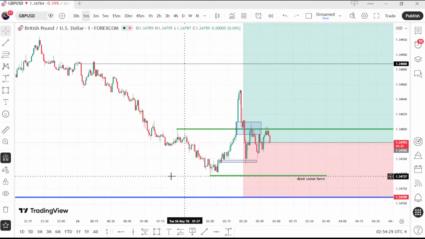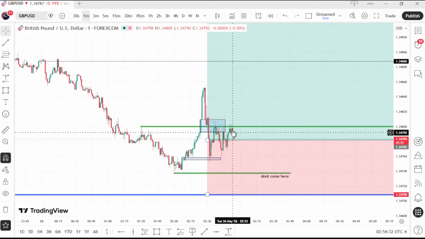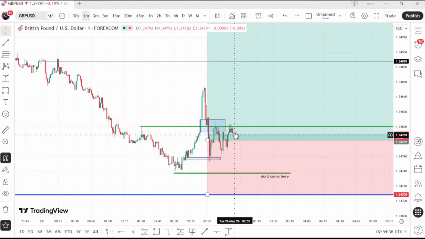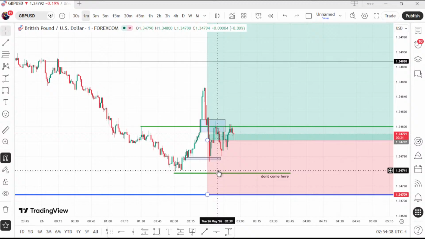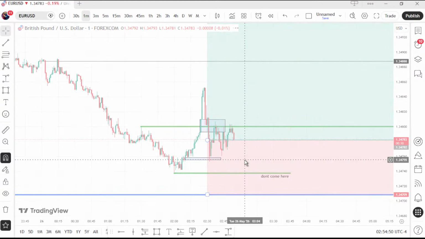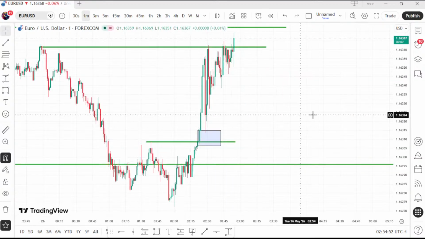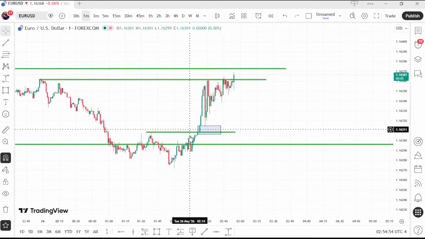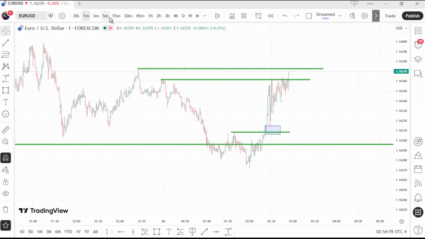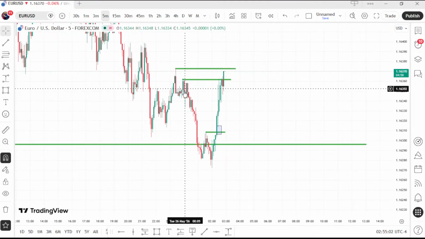See, it's actually coming to that. Out of the euro, you see how the euro is doing nicely, rallying higher and higher, just as price action should be doing.